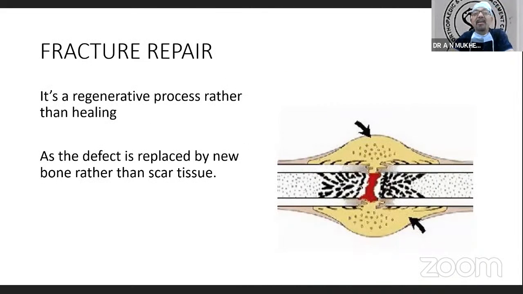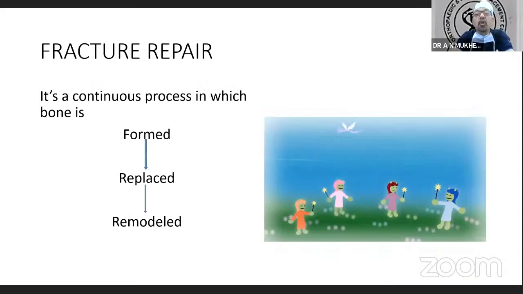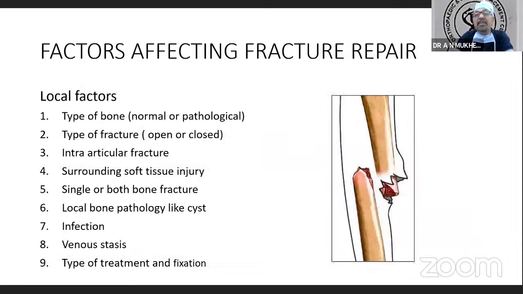So it's a fracture repair. It's a regenerative process, as the defect is replaced by new bone rather than scar tissue. A new bone has to be formed. So it is a continuous process in which bone is formed, replaced, and remodeled. So these are three consequences on which the fracture is healed.